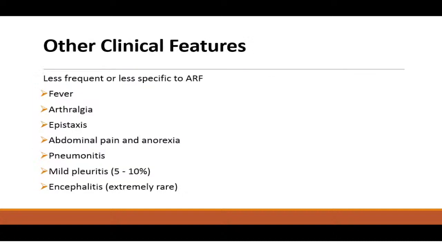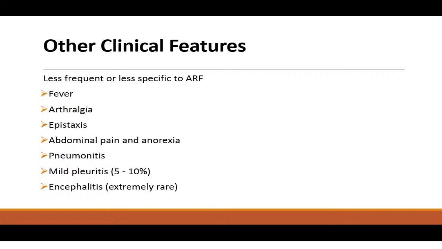There can be some other clinical features which also take place in the manifestation of acute rheumatic fever. So we call it fever: increased body temperature. It's also connected with the activity of inflammation, so it can be febrile or subfebrile individually.